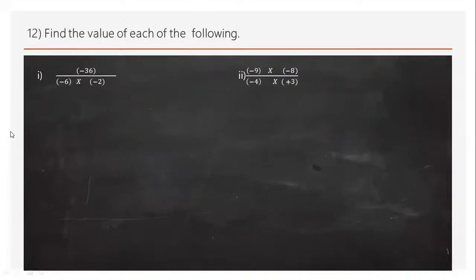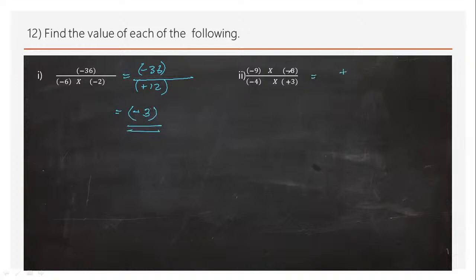Find the value of each of the following. Then minus 36 over the line. Below the line, minus times minus is plus, 6 times 2 is 12. Then minus 36 divided by 12 is 3.